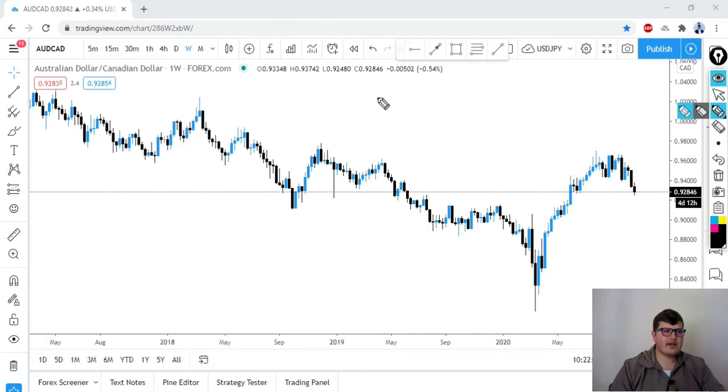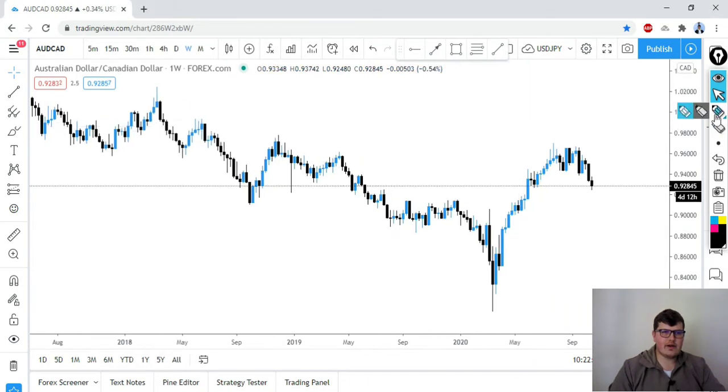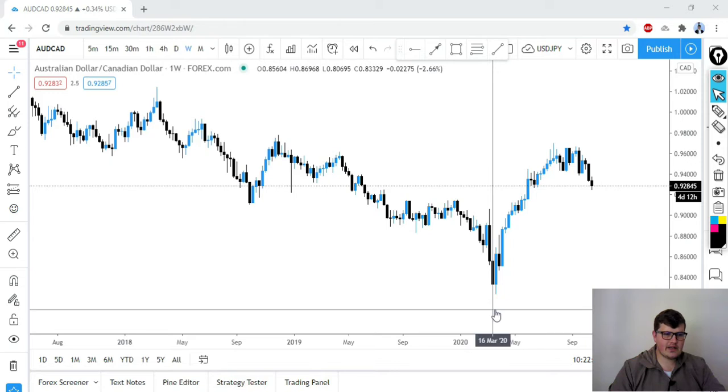So in my case, I like to quickly take a look at the weekly time frame and then gradually work my way lower to the hour one time frame, which is then my execution time frame, so where I execute my trade with.